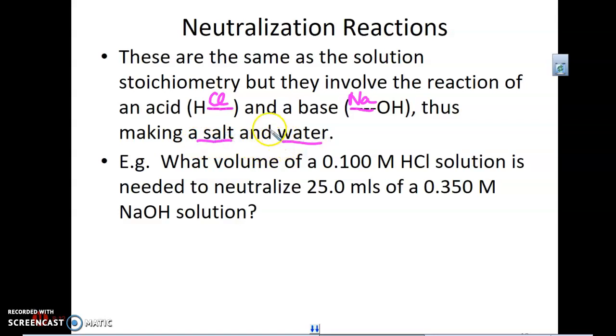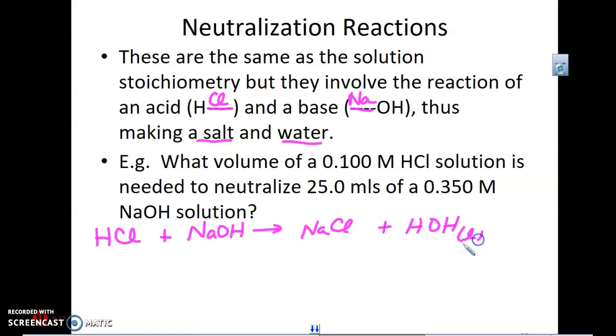You remember those double displacement reactions. So the first thing I'm going to do here is set up the reaction. It's going to make the salt, and then it's going to make HOH, which is the liquid water. Remember, our net ionic was hydrogen ion plus hydroxide ion makes water.